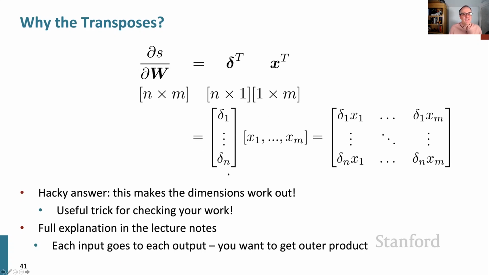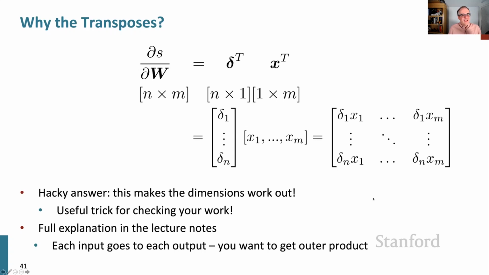And what we want to compute is this outer product matrix. We're getting the different combinations of the delta and the x. And so we can get the n by m matrix that we'd like to have via our shape convention by taking delta transpose, which is n by 1, times x transpose, which is then 1 by m, and then we get this outer product matrix.